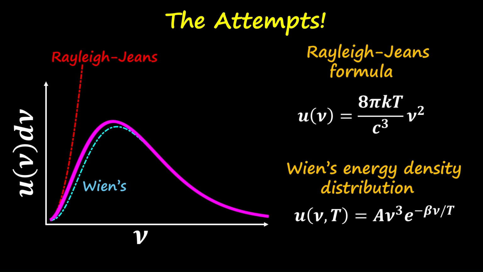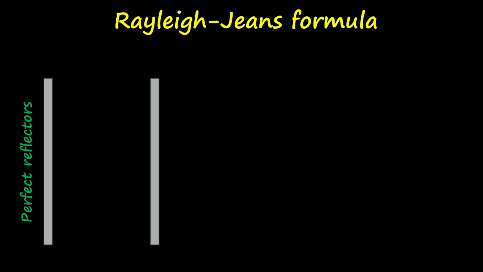And I would like to mention here that the Rayleigh-Jeans formula was derived using classical electromagnetic theory and statistical mechanics and had a proper theoretical foundation. But in the case of Wien's law, it was more of an empirical formula rather than a fully rigorous derivation. In the Rayleigh-Jeans approach, the cavity walls were treated as perfect reflectors and the electromagnetic waves inside form standing waves.